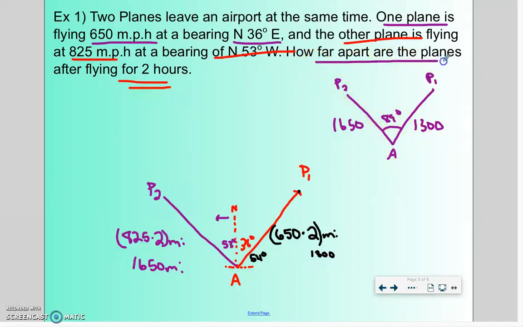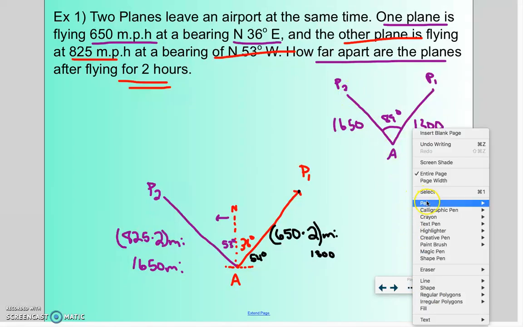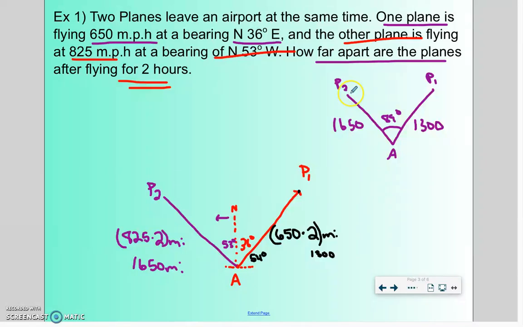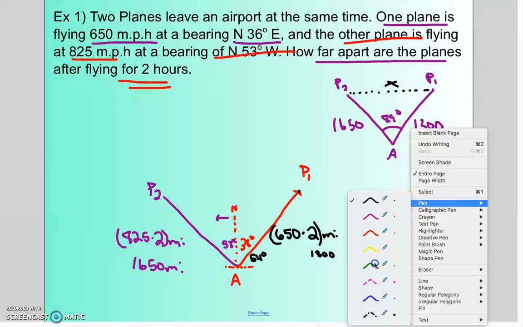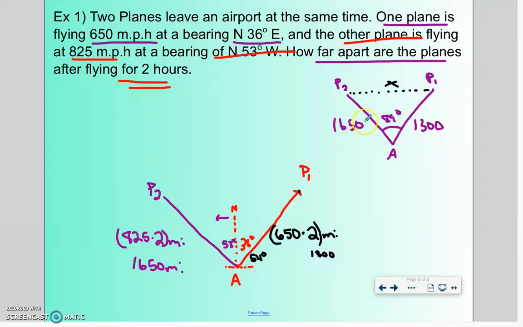And I'm asking how far apart are the planes? So how far is it from plane 1 to plane 2 that left the airport at the same exact time? Now looking at what we've done before, we have our triangle and we're able to find x. Because we have a side angle side relationship, we're forced to use law of cosines.